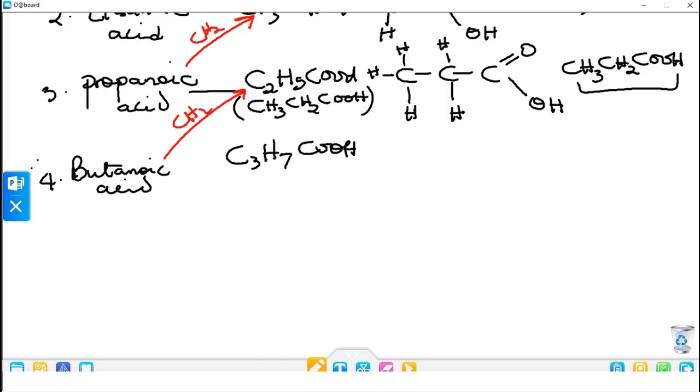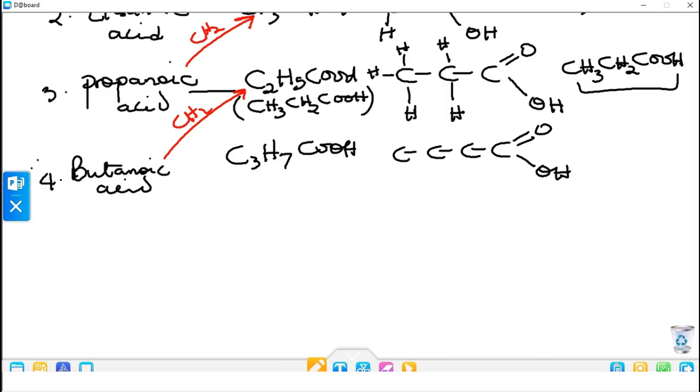So that is my butanoic acid, and that means I have 4 carbon atoms, 1, 2, 3, 4. Since they all have single bonds between them, that's going to be that. This oxygen, this OH.